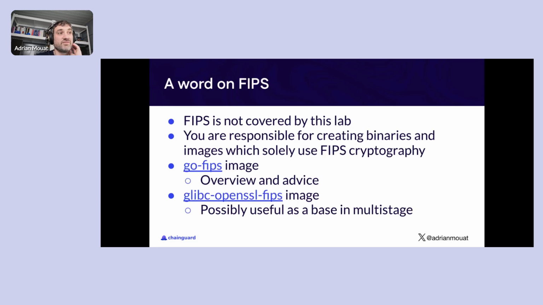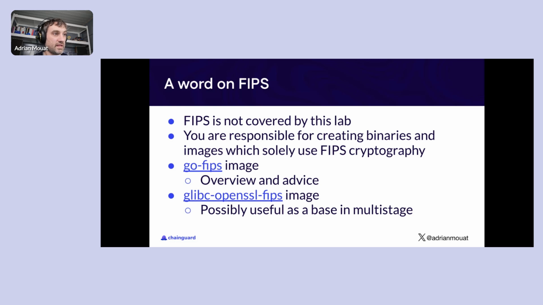I should also mention FIPS. If you're interested in FIPS, I have not talked about FIPS at all in this lab, and you will need to take a slightly different approach. You are very much responsible yourself for making sure you get things right when creating a FIPS compliant binary. We do have a Go FIPS image, and if you look up the overview for that FIPS image, it does give you some advice on how to create FIPS compliant images.